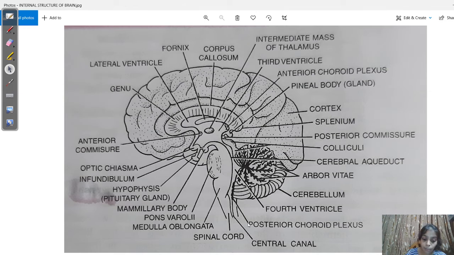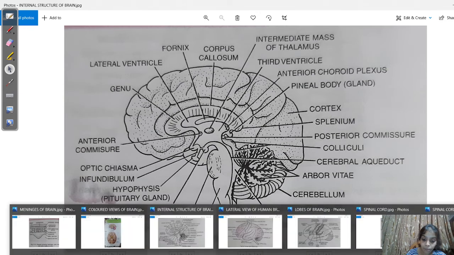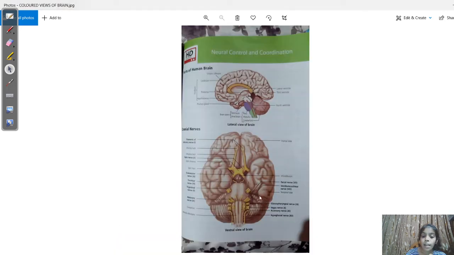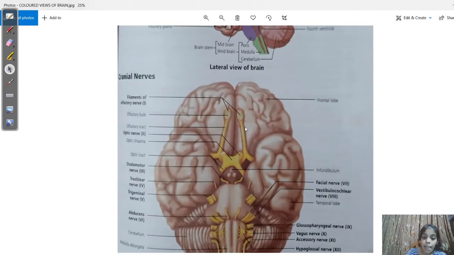Let me show you this picture. If a human brain is cut longitudinally, it will give two halves. Each half is called a hemisphere.